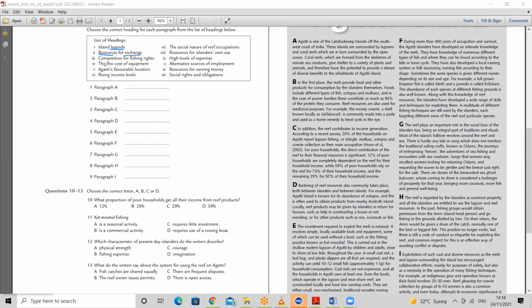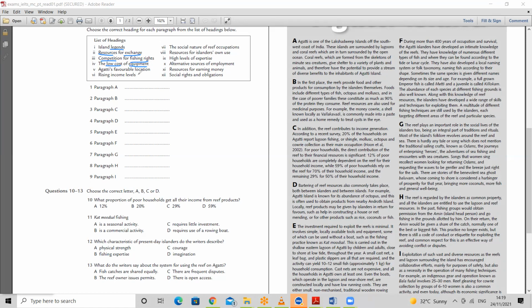Number 3, I'm going to underline words like competition and fishing rights, that is, who has the legal rights to fish in a specific place. And there's a competition between the two tribes, for example. Number 4, we talk about low costs, which involves money, of what? Of the equipment that you use for fishing.